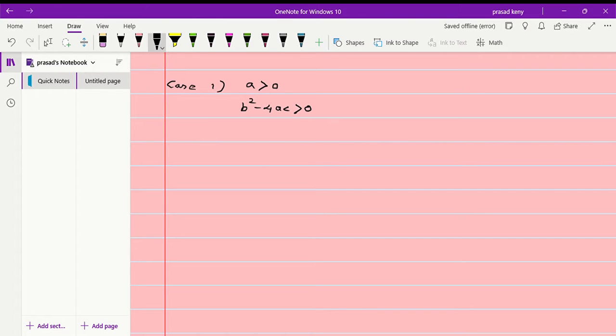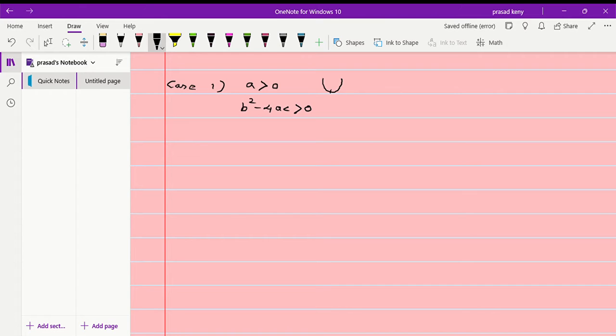Now already we have seen that in the quadratic function, if a, that is the x square coefficient, is positive, then the graph is a U opening upwards with a minima. And b square minus 4ac is greater than 0. That means the corresponding equation has two real roots.